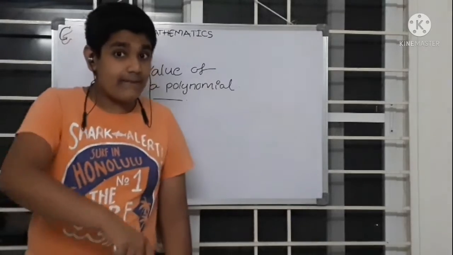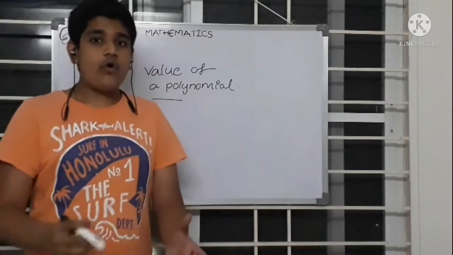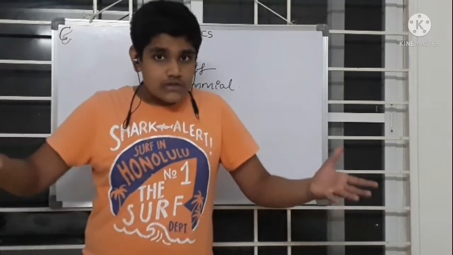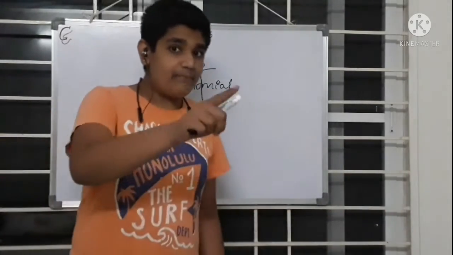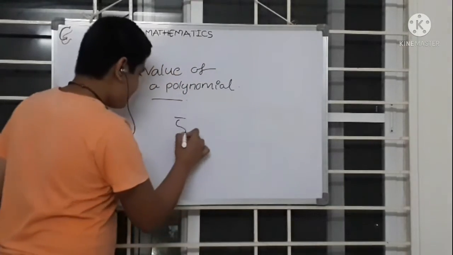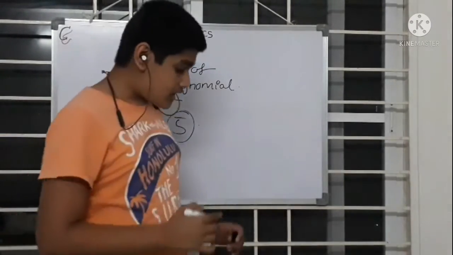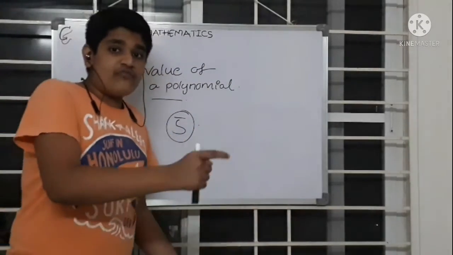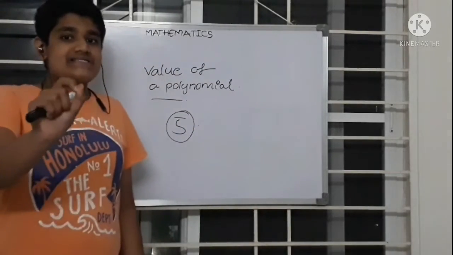Now P of k will become some value, right? Before, in the example, we took P of 3. So what value did we get? 5 for that, right? So we can say that 5 is the value of P of x where x is equal to 3.